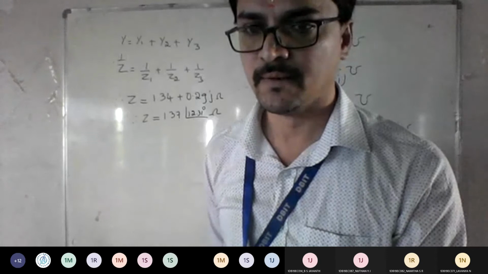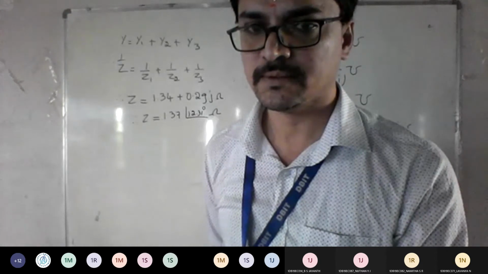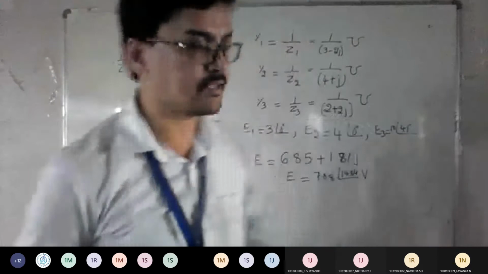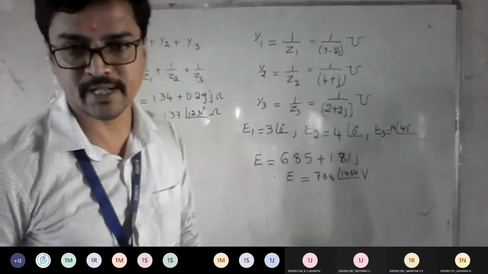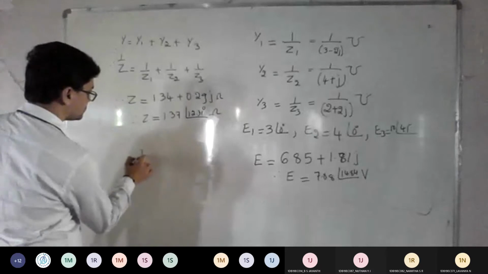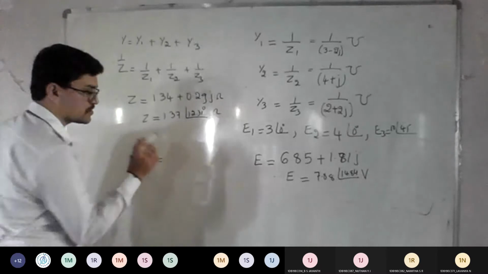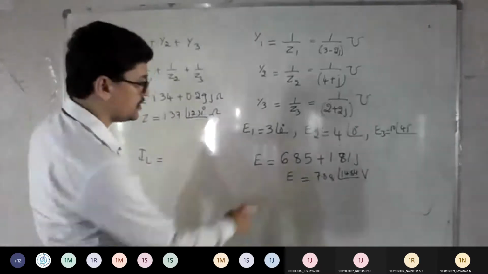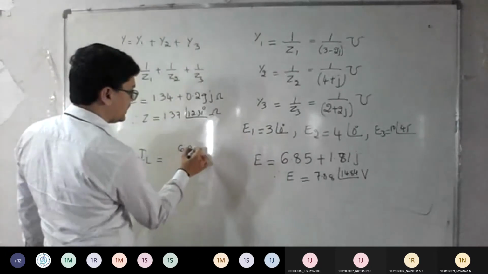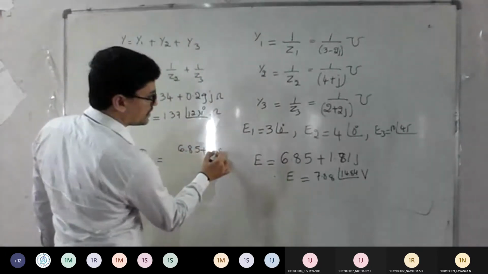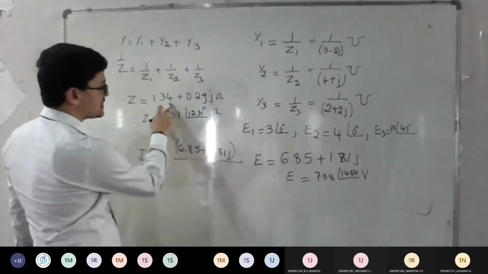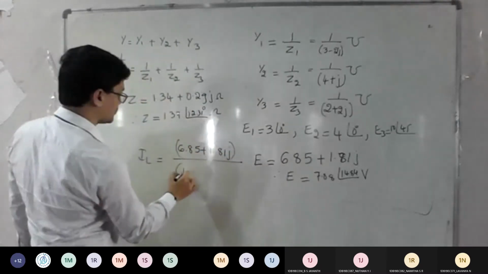So what is the ultimate goal here? I should find the current across my load impedance. That is what they have asked, right? So what is the formula to find my current? I equals V by R. V you got as 6.85 plus 1.81j, this is your voltage, divided by this answer plus the impedance given in the question.